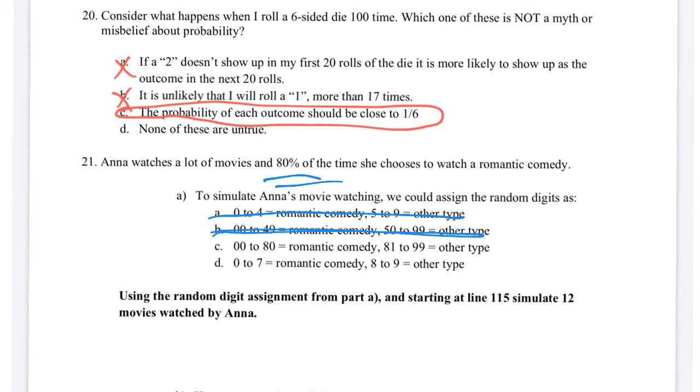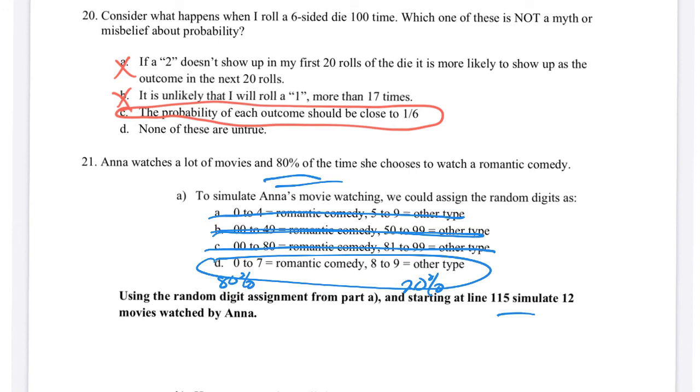So that would give us 81%. So we don't want that one. So we see D works, because we have 0, 1, 2, 3, 4, 5, 6, 7. That's 8 digits. So that's the 80%. And then the 8 and 9 is 2 digits, so that's the 20% of the other movies that she watches.